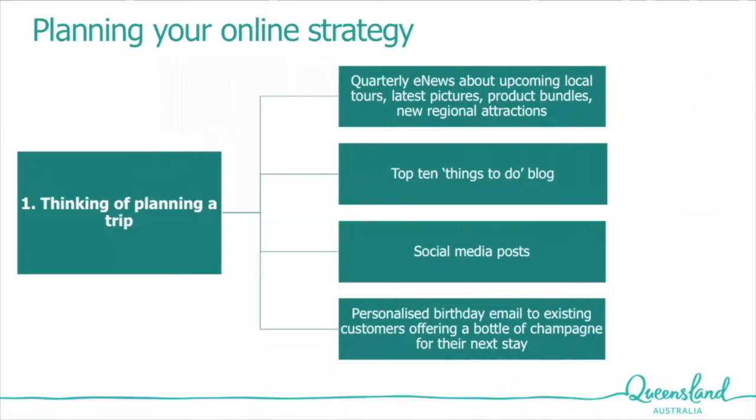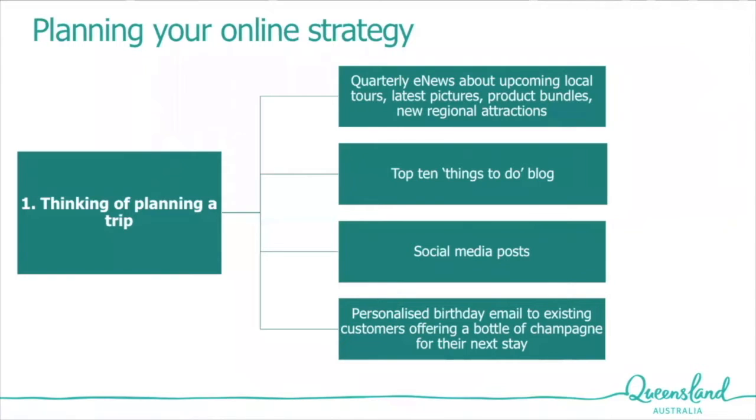So if you go back to those stages of the customer acquisition process and the different things that you can be doing, that you are doing now when they're thinking of planning a trip, tying it back to there, what are some of the things that you can be doing to connect with them in that dream stage when they're thinking?